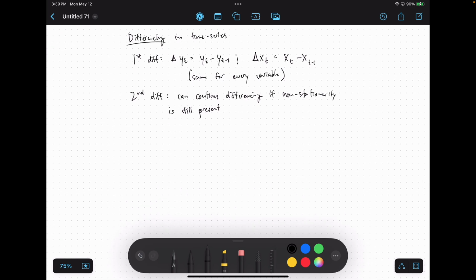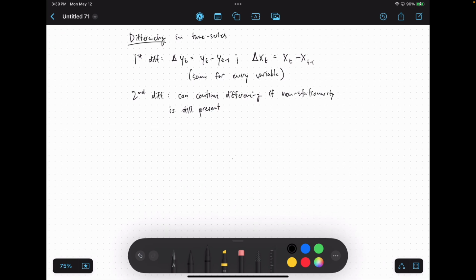Okay. And so what ends up happening is you have delta y_t equals something like this, plus beta 1 delta x1_t plus beta 2 delta x2_t plus ... beta n delta xn_t plus epsilon_t, right?